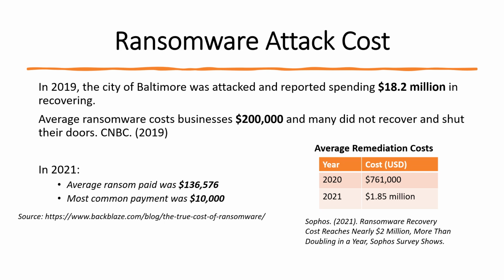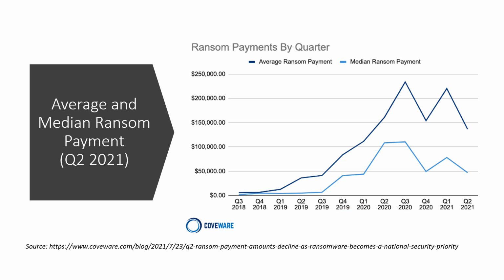The average remediation cost associated with ransomware in 2020 was around $761,000, and in 2021 was $1.85 million. Here are the average and median ransomware payments in Q2 of 2021 by Coveware. As we see, the chart shows a steady increase in payment.